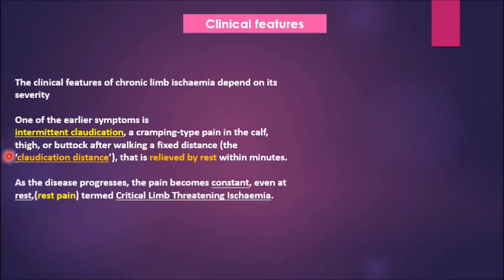This pain is relieved by rest within minutes. As the disease progresses, the pain becomes constant. Even at rest, the pain is felt, and at this stage it is known as critical limb-threatening ischemia.